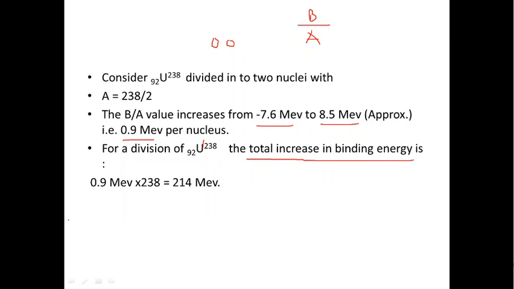The total increase in binding energy would obviously be 0.9 MeV multiplied by the number of nucleons, 238, that is 214 MeV. This is the increase in the binding energy of uranium 238. So if you have a uranium 238 nucleus, and it undergoes fission, if it breaks into two parts, then the amount of energy released is 214 MeV.